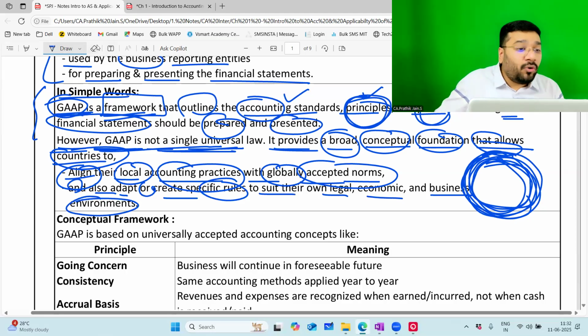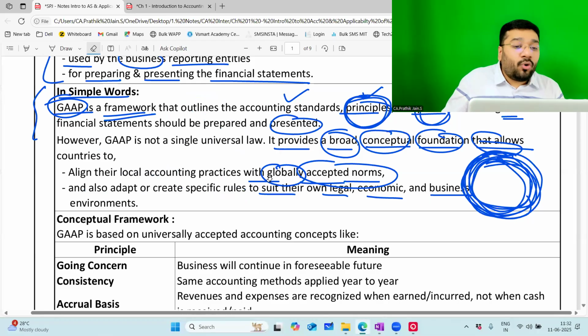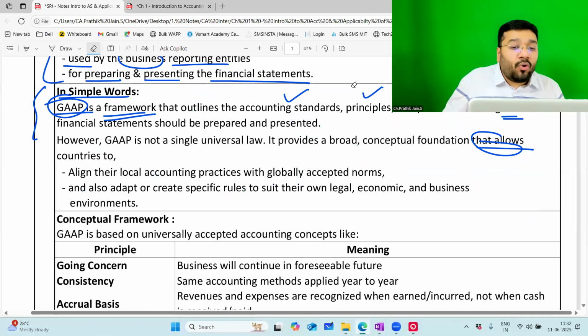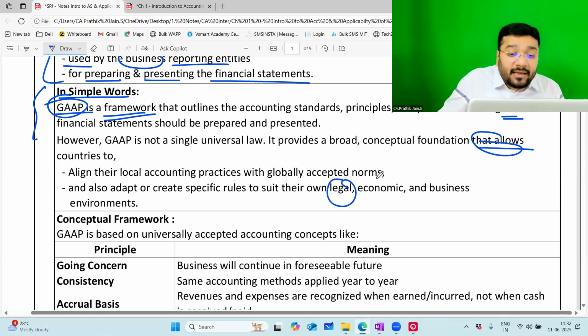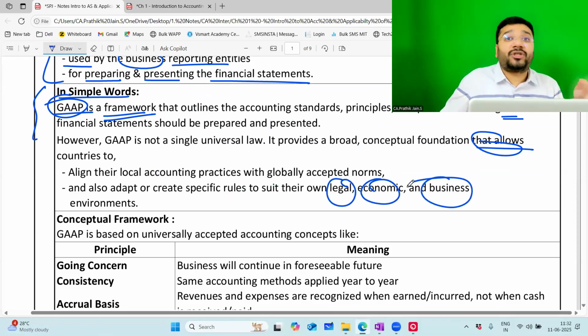Every country has their own struggles. They have their own legal applications, their own economic challenges, their own business struggles. Considering the legal, economic, and business situations of your country, you are allowed to modify the accounting standards and principles, but that should be well within the framework of GAAP. You can't go beyond what GAAP is suggesting.